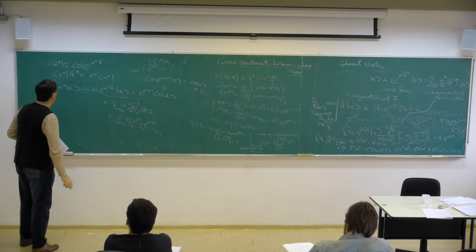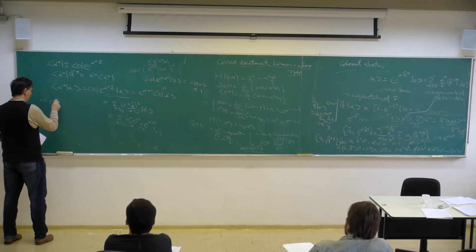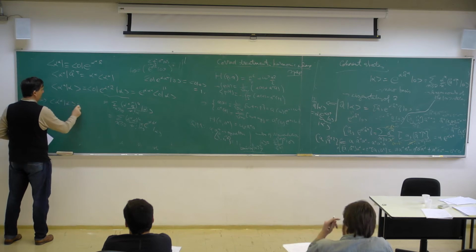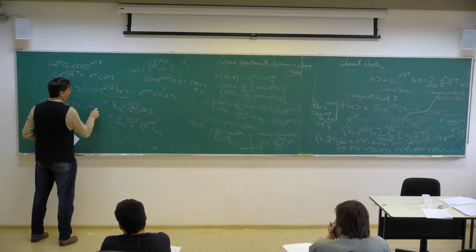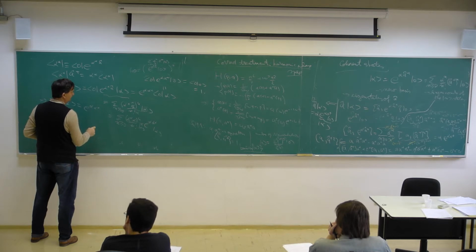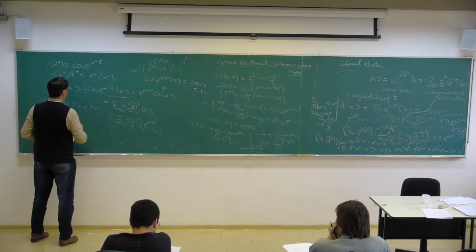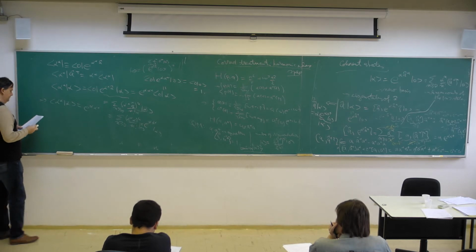Okay? So that means that the overlap of alpha star with alpha is e to the alpha star alpha.